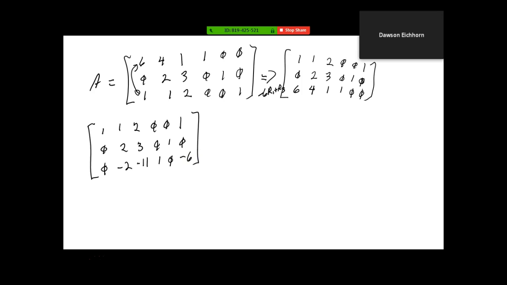Oh, this is where it gets pretty ugly, isn't it? Before I do anything else, I want to add row 2 to row 3 and make it the new row 3. Is that all right? Okay.